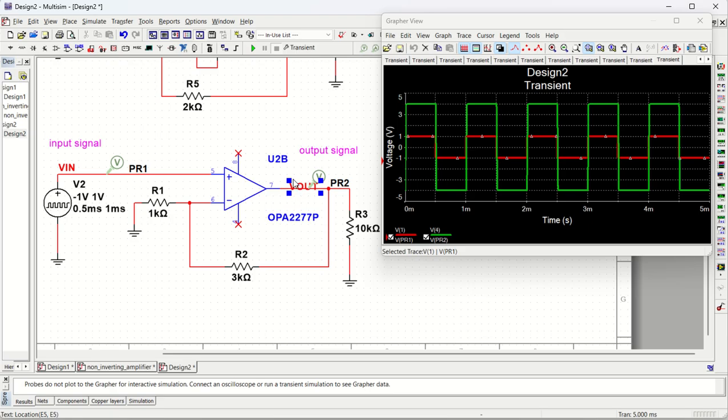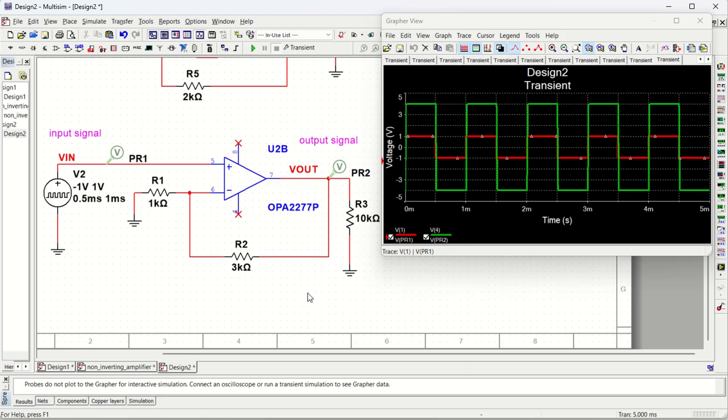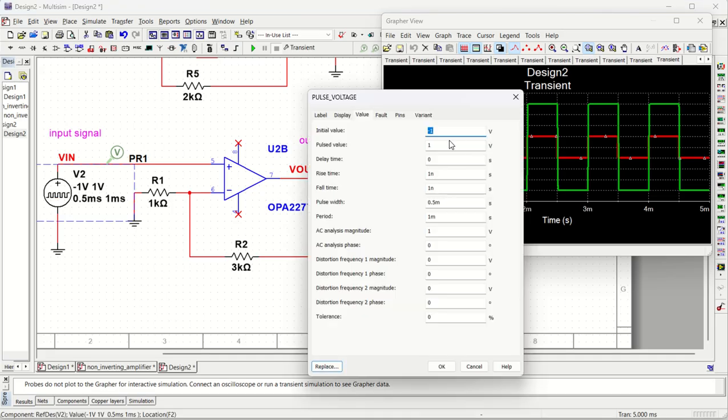Understood? So this is how you make your circuit a little better, or the way you want, you can do that. Understood? So if you do have any questions or any understanding that is needed, you can ask. Let me give you one more change that we can do. This is my pulse voltage source. Okay, so instead of having initial value as -1 and +1, what we can do is we can start with, let us say, 0 and go to 1.2 volt.